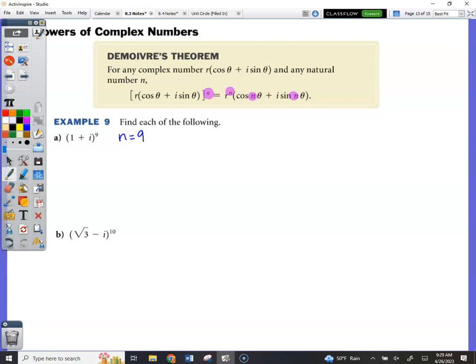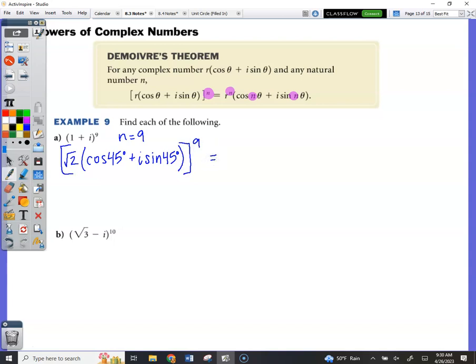1 plus i, we already found the trig notation for that in a previous problem. So the trig notation for that is the square root of 2 cosine, I think it's 45, yeah. Alright, so now look at the formula to raise something. There's my trig notation to the power of 9.